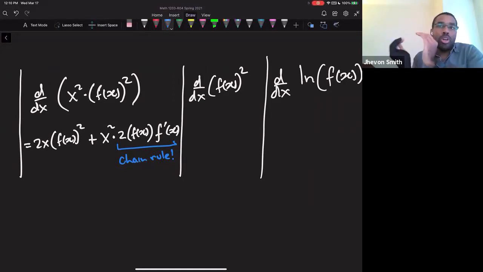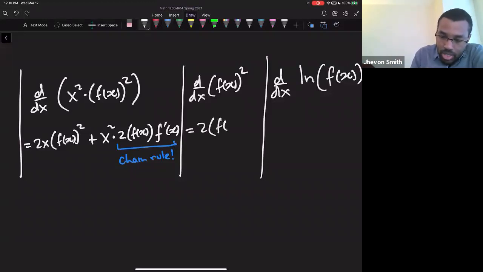My f of x, I don't know what it is. It's some function, but it's all squared, which means I have to think of the square as an outer function and my f of x as an inner function. So I differentiate the outer function, then multiply by the derivative of the inner function. So I'm going to multiply by an f prime. What I just did, let me isolate that example: you differentiate the outer function and multiply by the derivative of the inner function.